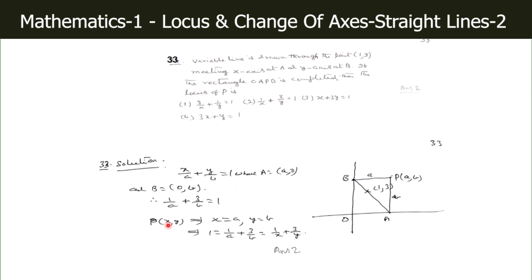Now suppose P is the point (x, y). Because A and B are (A, 0) and (0, B), P must be (A, B). So if (x, y) are the general coordinates of P, then x is equal to A and y is equal to B.